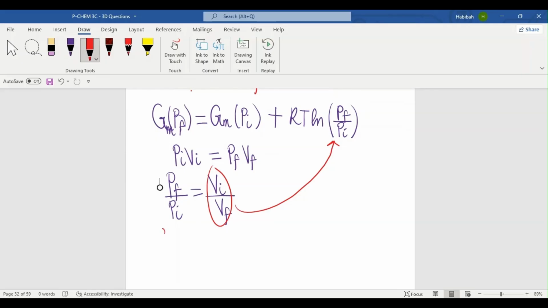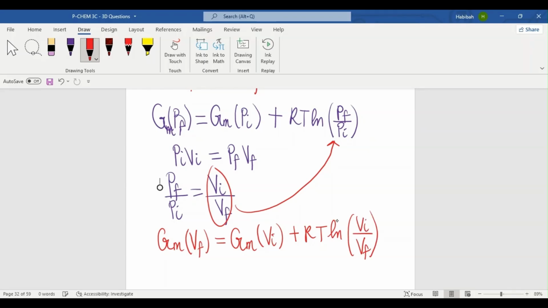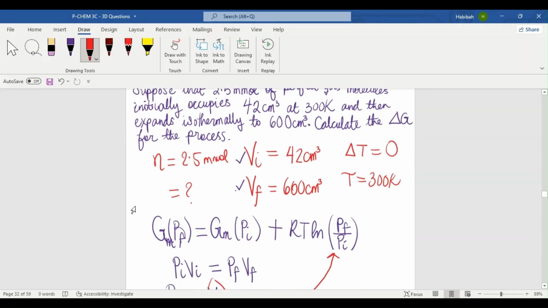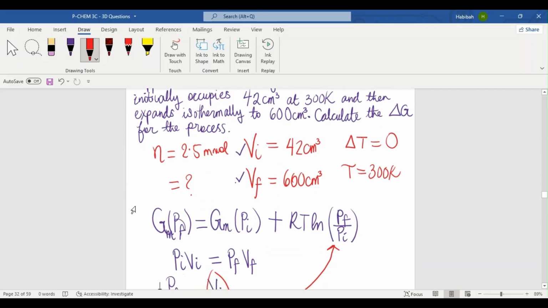Now we have the molar Gibbs energy of the final volume equals the molar Gibbs energy at the initial volume plus RT ln V initial divided by V final. Now, we were not asked to find the molar Gibbs energy, or the change in molar Gibbs energy.